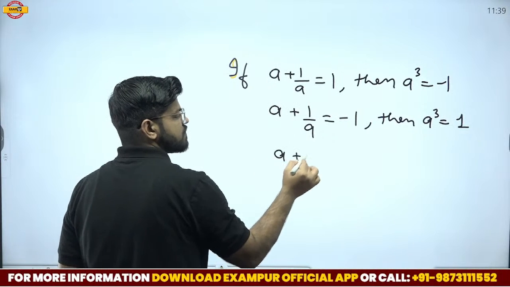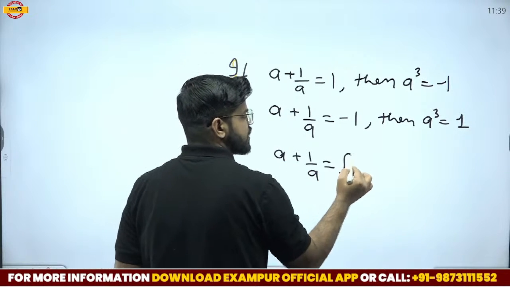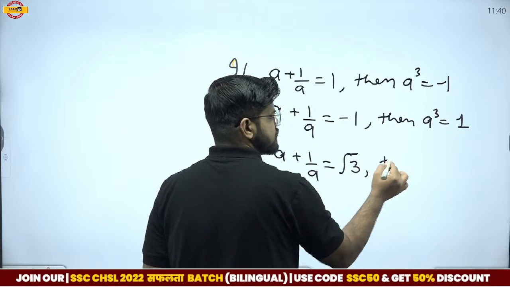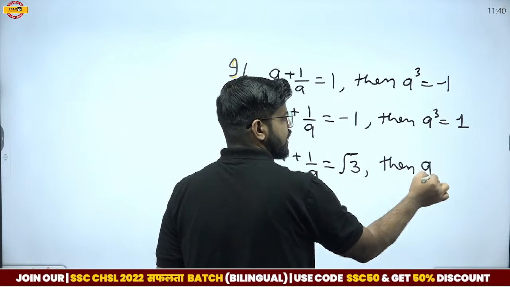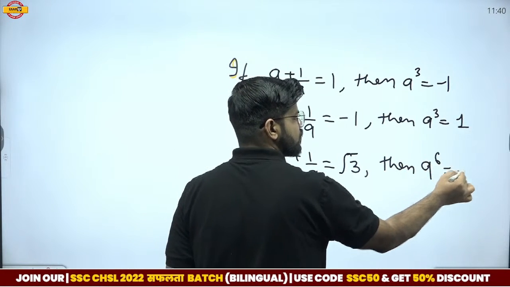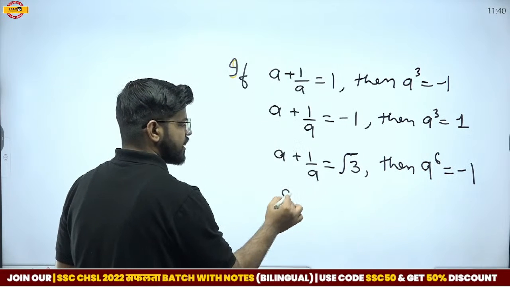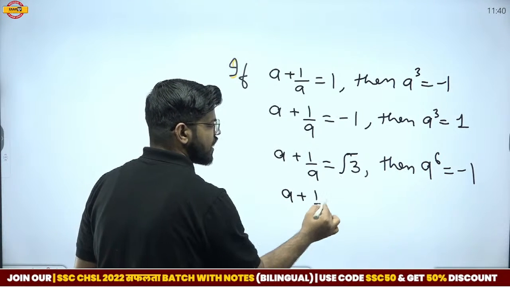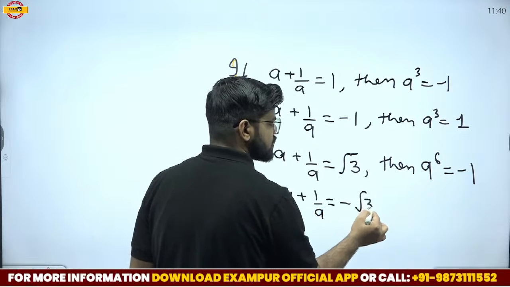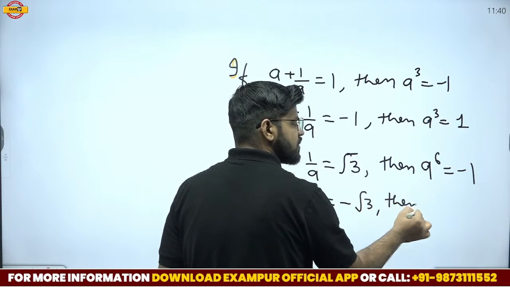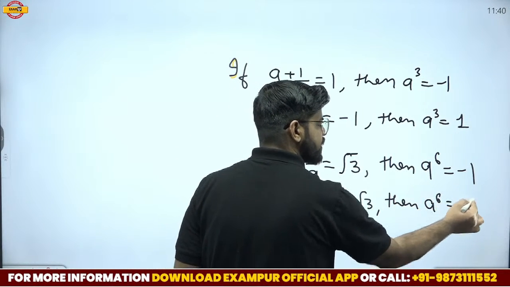If a plus 1 upon a is equal to root 3, then a to the power 6 is equal to minus 1. And if a plus 1 upon a is equal to minus root 3, then also a to the power 6 is equal to minus 1.